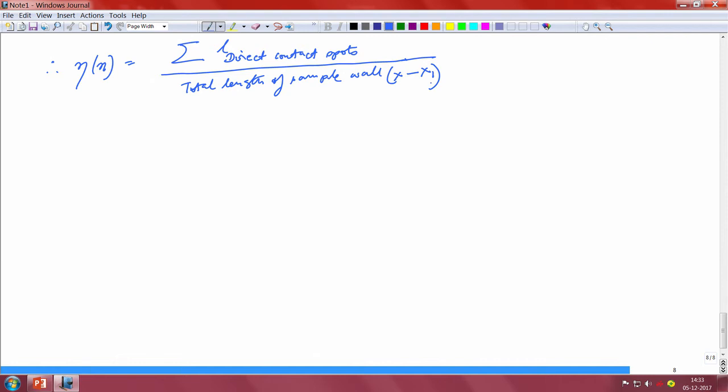So, this is the total number of those contacts, the sum, and this is the total length, because some spots are never really wetted by this cold or hot fluid, cold fluid essentially.